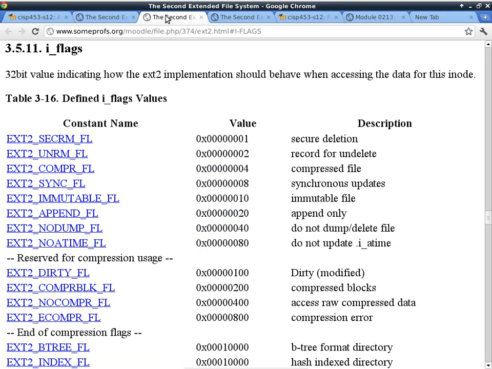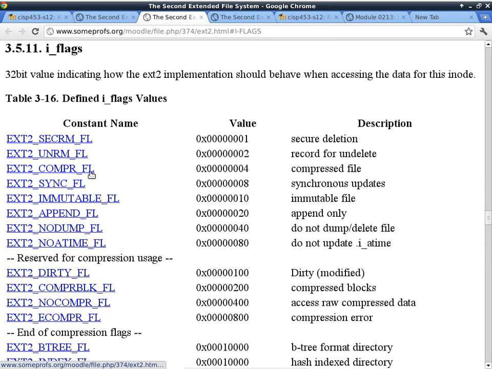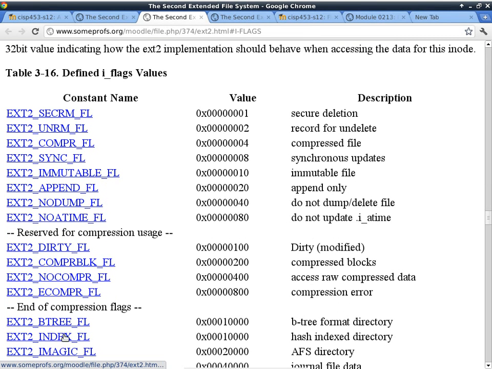So open the new tab again. And we want to look at, which one, I cannot remember things, index_fl. Index_fl is right here. Okay, so as a 32-bit number, I want to see if this particular bit is also bit 16.